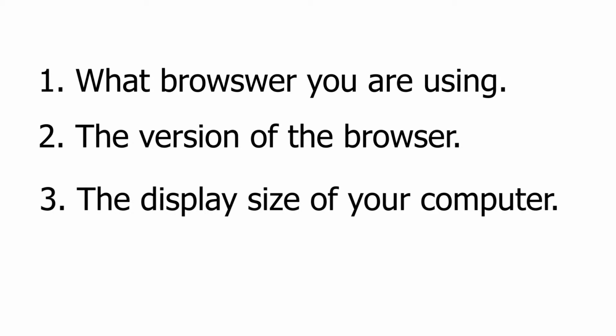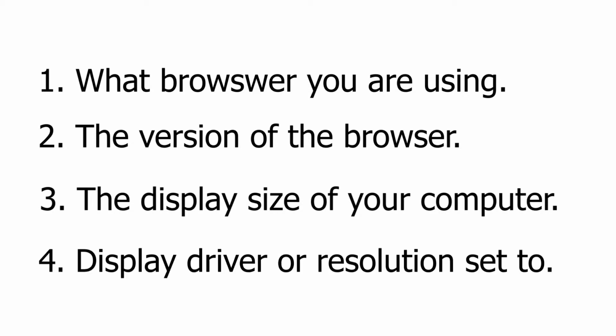For instance, if you are using a 24-inch computer monitor, or if you're using a mobile phone to view the same website, it'll appear different. The capability of the display driver on your computer, or the resolution it is set to, determines how the website is displayed. Any one of these can make the website look different to you than someone else.